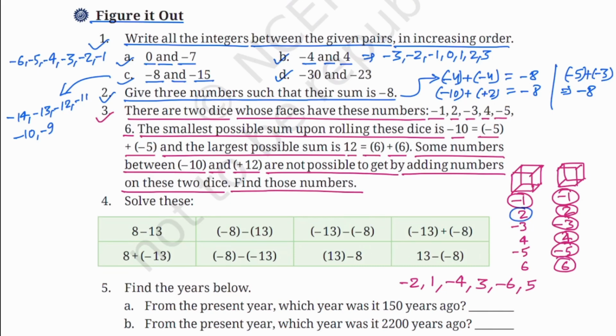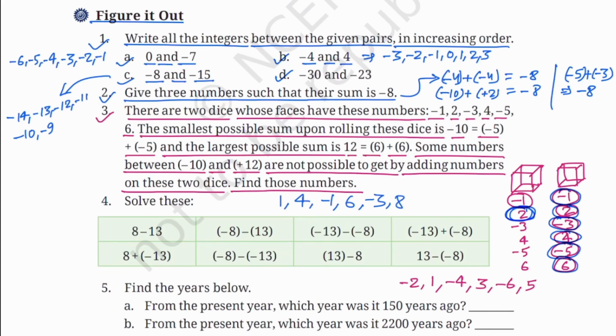Similarly, if 2 is on the first dice, then the sum will be 2 and -1, 1; 2 and 2, 4; 2 and -3, -1; 2 and 4, 6; 2 and -5, -3; 2 and 6, 8.